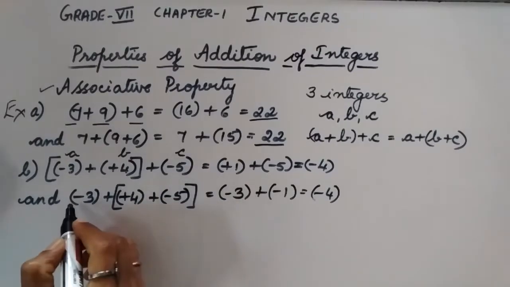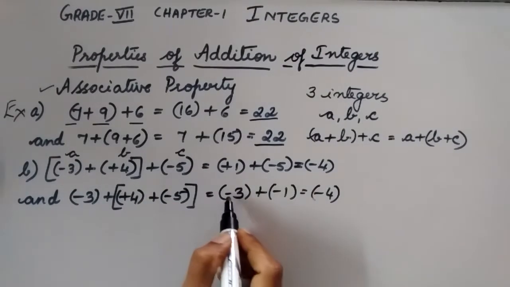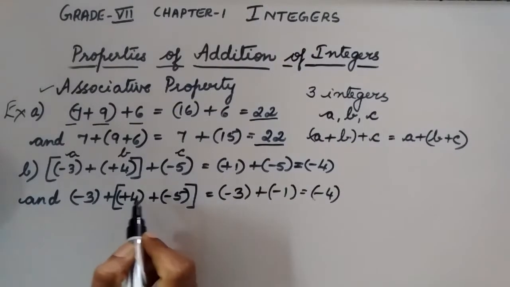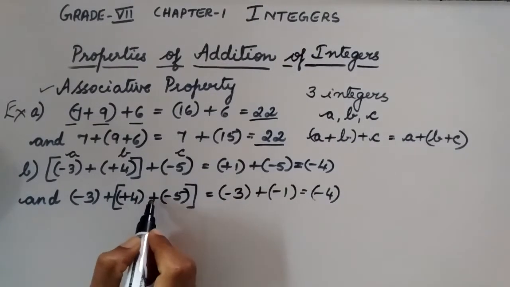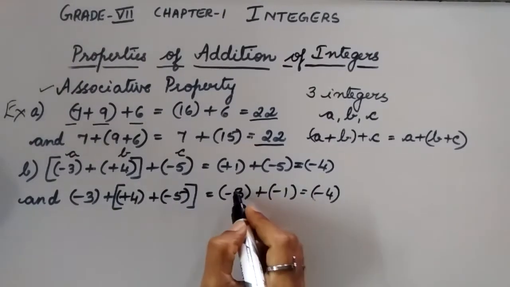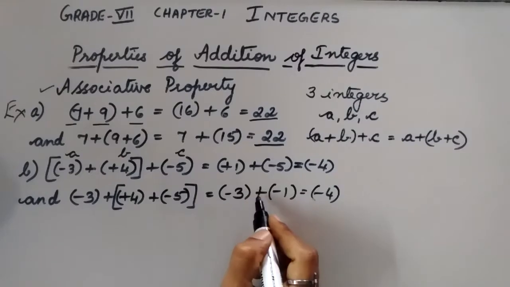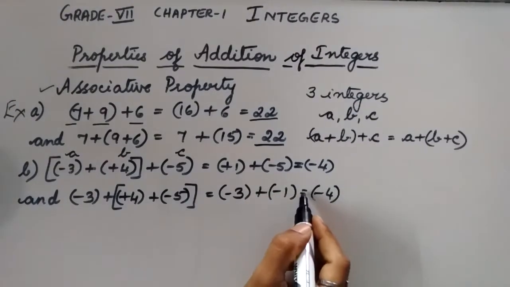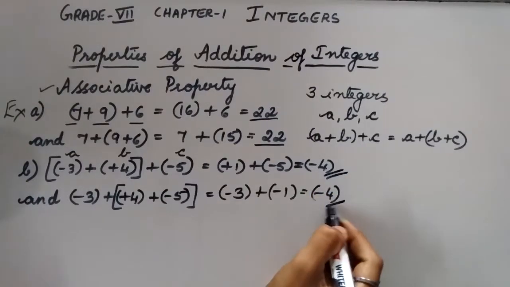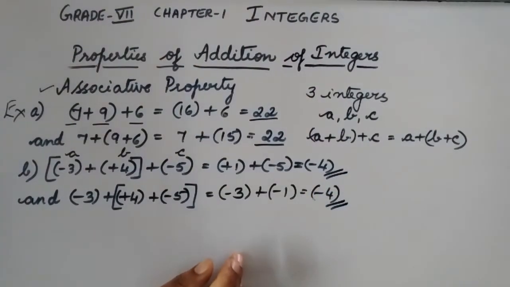Here the first integer I will keep as it is, minus 3, and I'm going to add these two integers, plus 4 plus minus 5. So I will get minus 1. Now add these two integers, minus 3 plus minus 1 will give you minus 4. Again the sum is the same.